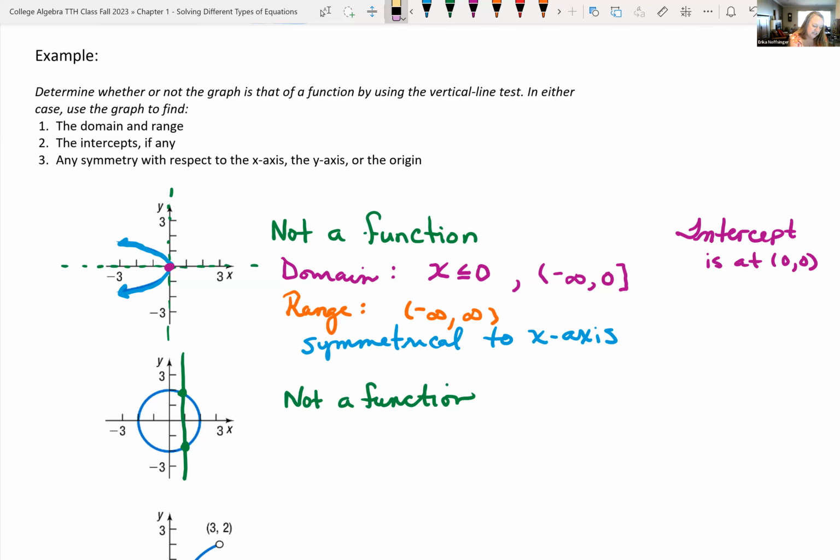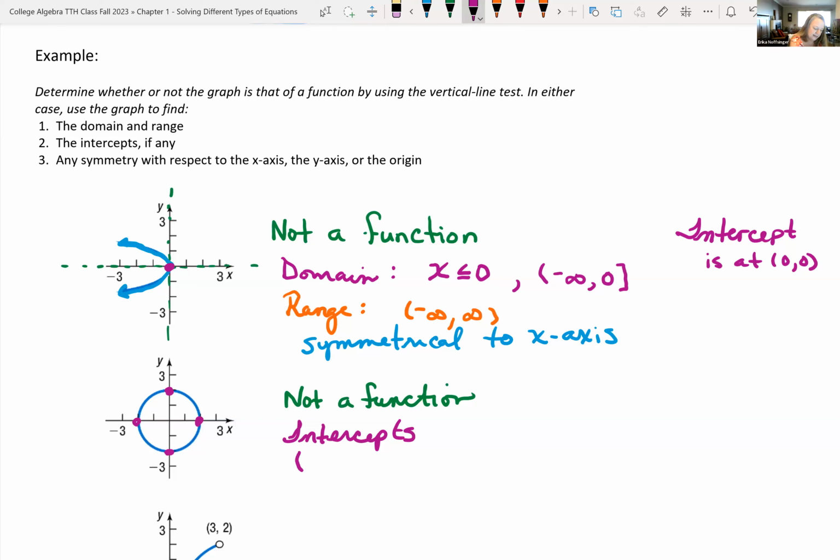Looking at intercepts, so where is this crossing the x and the y axis? Well, we have two spots where it's crossing the x-axis and two spots where it's crossing the y-axis. So our intercepts are the following points.